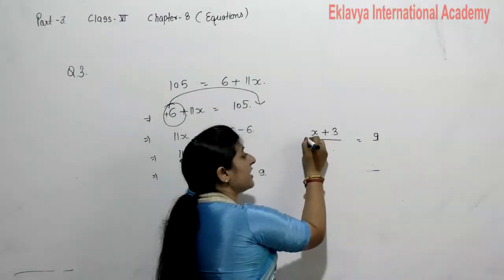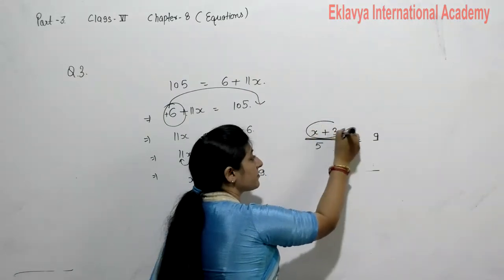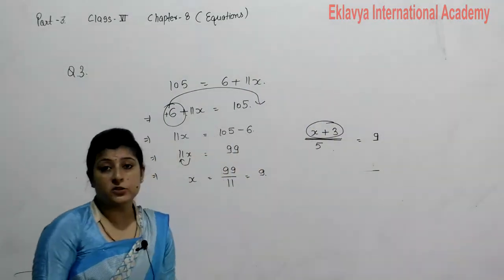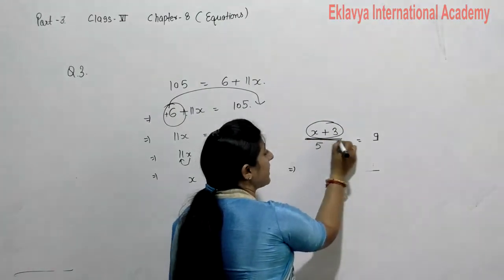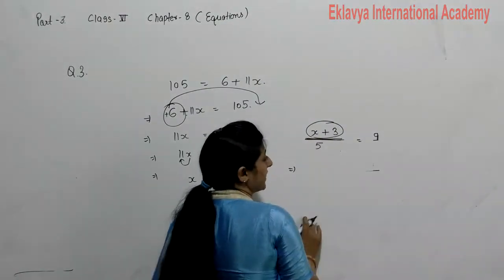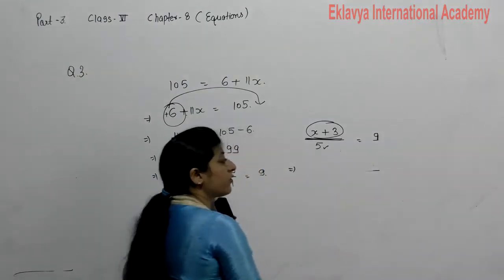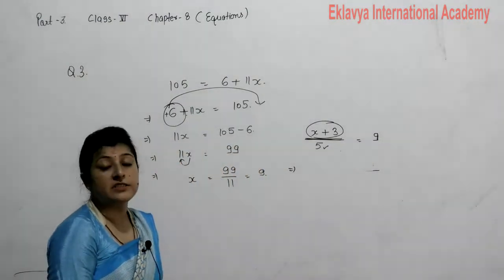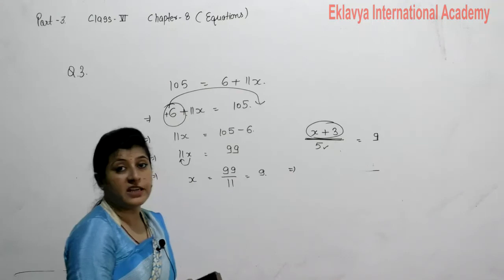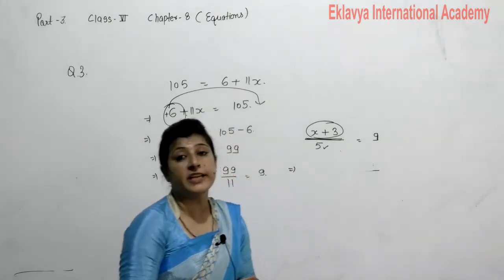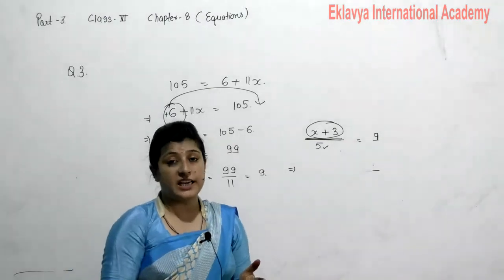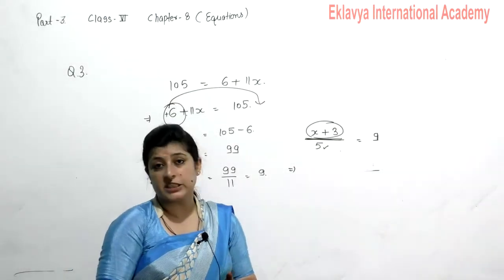then this 5 is... there are 2 methods to solve it. One method: if you see, this 5 is dividing the whole equation. It means firstly we have to solve this divided by 5. Till now, in the examples we solved, we did addition, subtraction first, then multiplication, division.